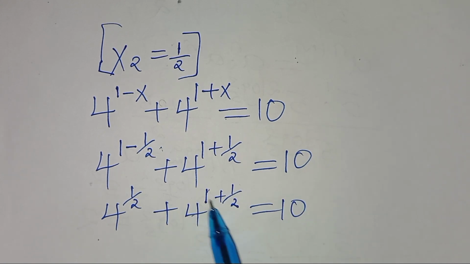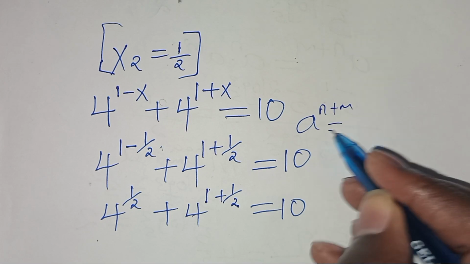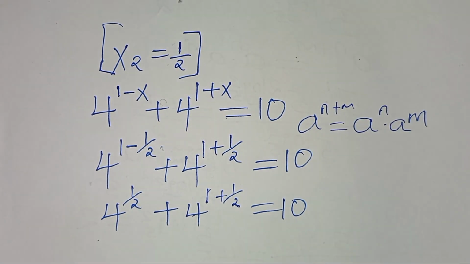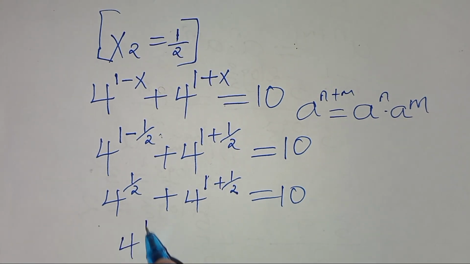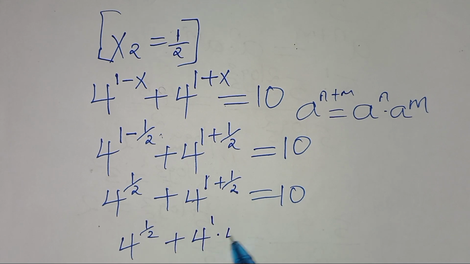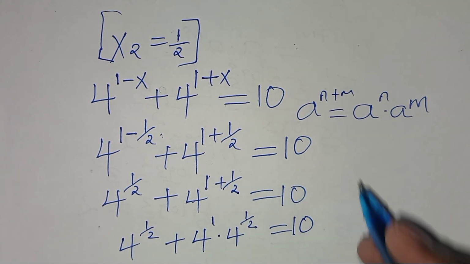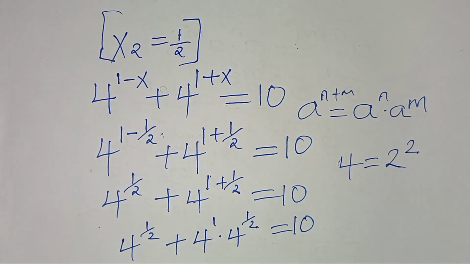Now 4 to the power 1 plus a half, this is in the form of 8 to the power n plus m, which we can transform as 8 to the power n times 8 to the power m. So applying this property, then we have 4 to the power half plus 4 to the power 1 times 4 to the power half. This should give us a value of 10. We can express 4 as 2 to the power 2. Let's substitute this.